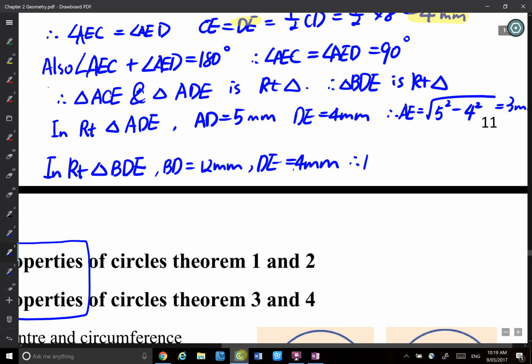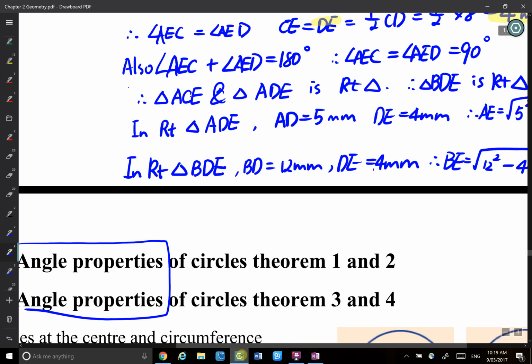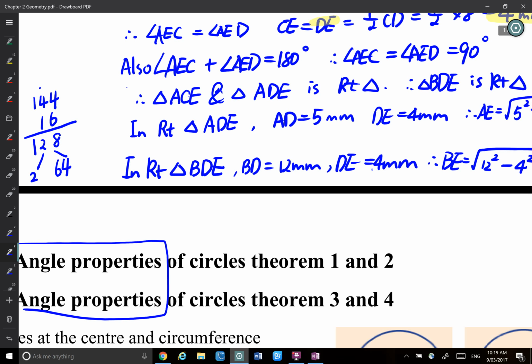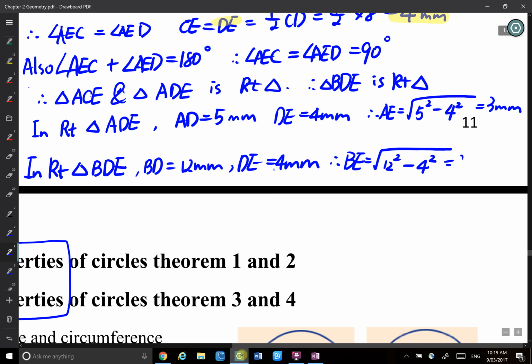So BE equals the square root of 12 squared subtract 4 squared. 12 squared is 144, 4 squared is 16, and you subtract them, that gives you 128. Let's divide by 2, that gives you 64. So 2 times 64 gives 8 root 2. So BE is 8 root 2 millimeters.